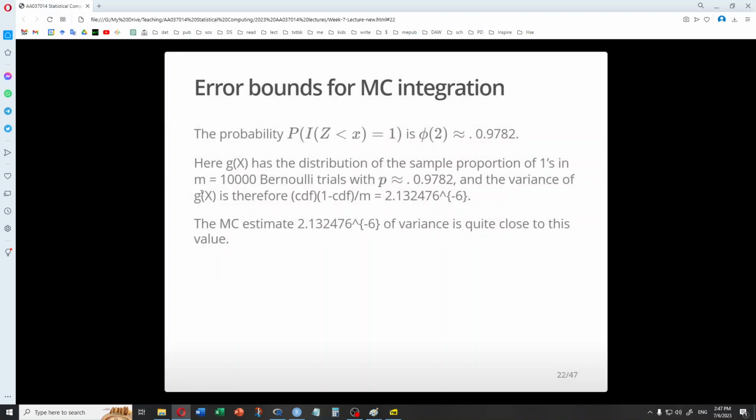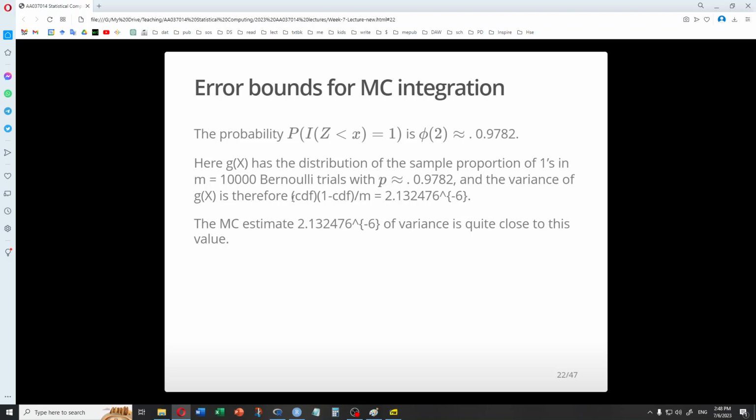Okay, and then here g of x has the distribution of the sample proportion of ones in 10,000 replicated Bernoulli trials, with p approximately 0.9782, and then the variance is given by this one.